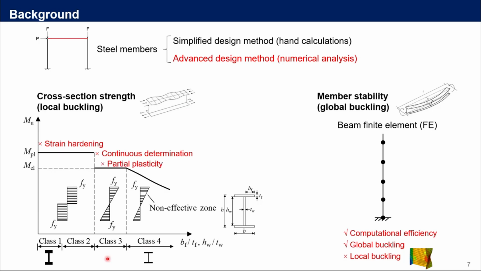And for class 3 cross-sections, we use elastic section resistance, so the partial plasticity is not exploited. And finally, also the most important, this concept is based on the width-to-thickness ratio of the most critical individual plate element in the cross-section. However, during local buckling, the most critical element may be supported by adjacent plate elements, but this beneficial effect from the plate element interaction cannot be taken into consideration in this concept.